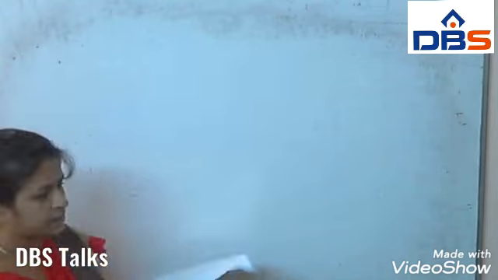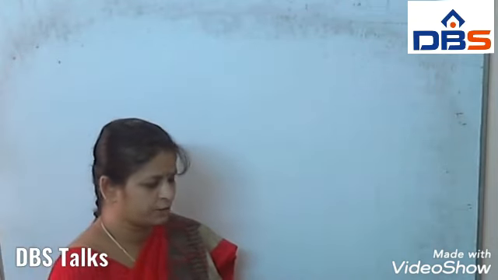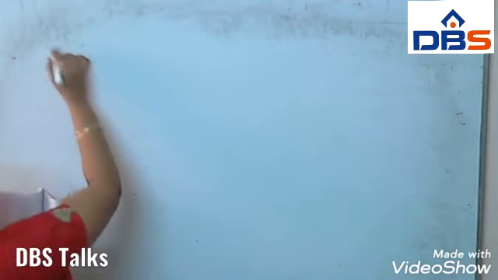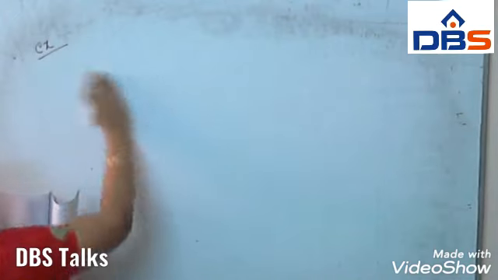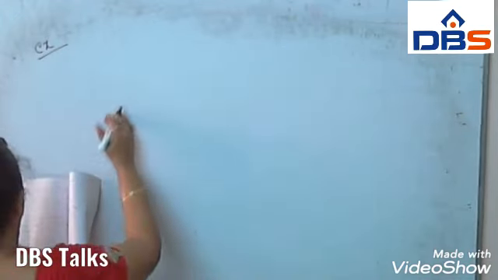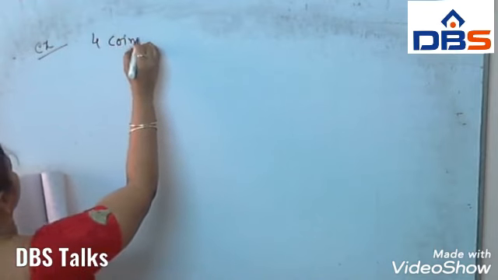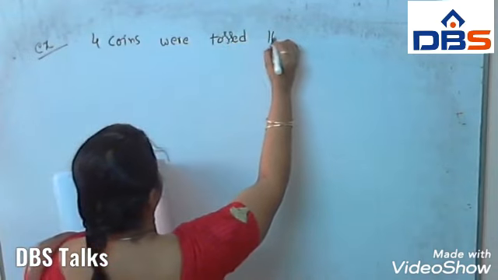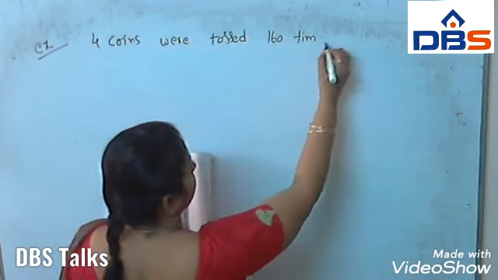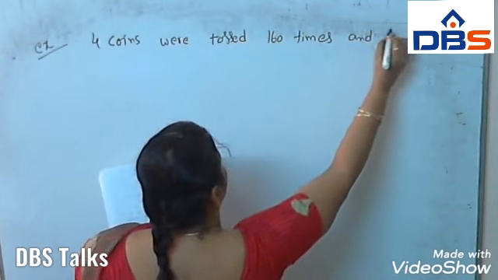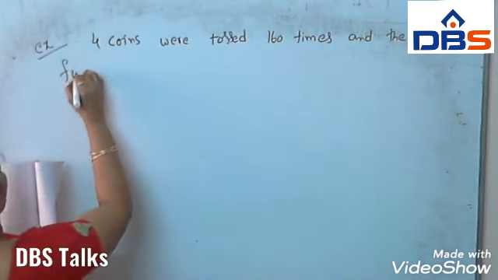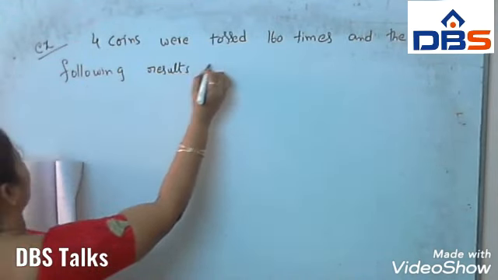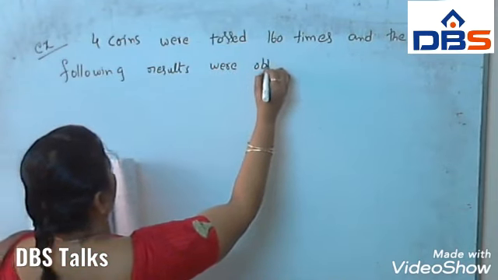So the next example is fitting of binomial distribution. Whether the binomial distribution is a good fit or not. 4 coins were tossed 160 times and the following results were obtained.